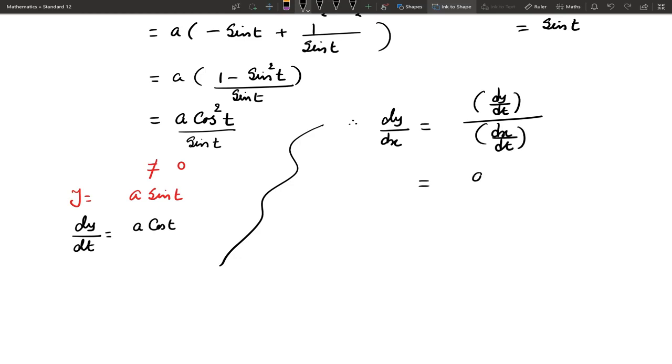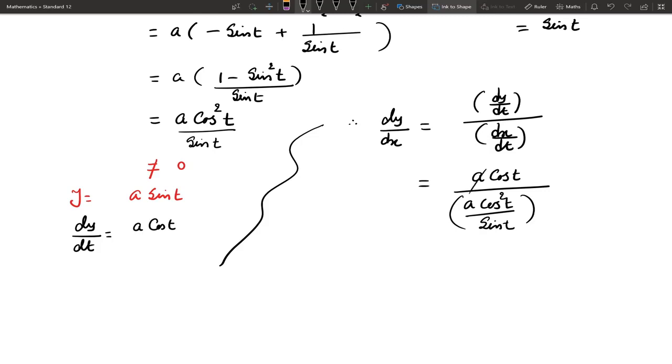So dy by dt is a cos t upon dx by dt, a cos square t upon sin t.